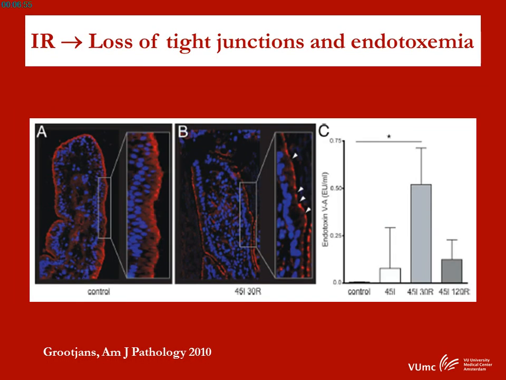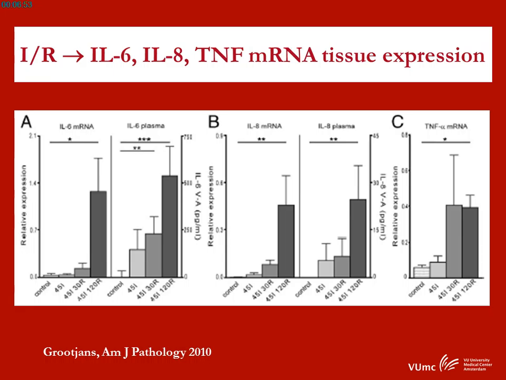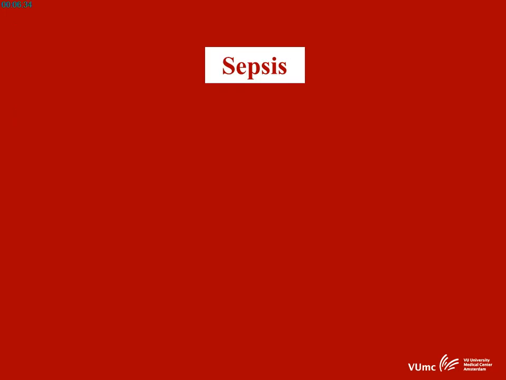And they looked at a lot of inflammatory mediators, and these are pictures of interleukin-6, 8, TNF, messenger RNA expression, and they looked also at myeloperoxidase and complement activation, and all were activated during ischemia reperfusion.